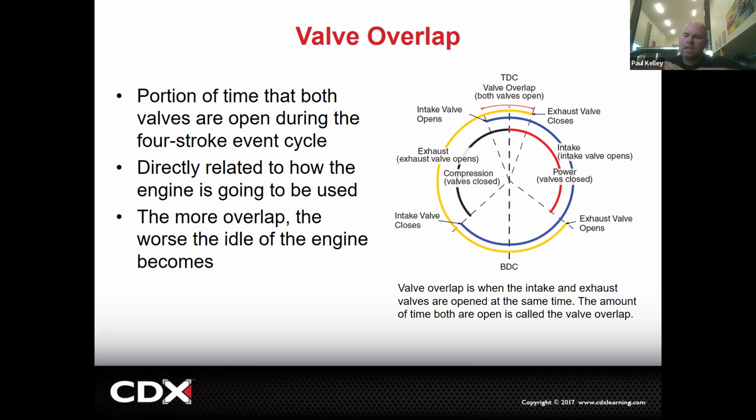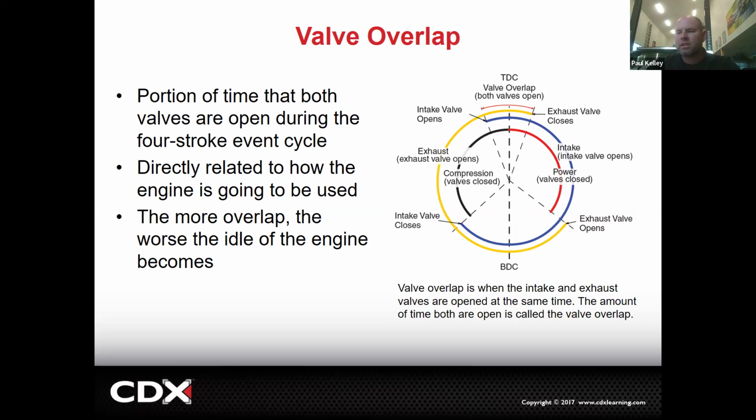Then at top dead center the exhaust is being pushed out. But what's interesting is if we were to open the intake valve a little early, the exhaust being pushed out will actually generate a force, almost a vacuum, to help suck in as much intake air as possible. That's the scavenging effect. That's one of the reasons that we have the valve overlap.